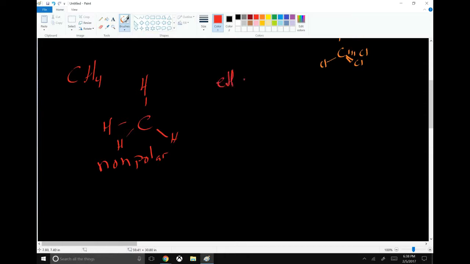What about ethane? So ethane was C2H6. Now we're looking at extended geometries. And recall, ethane looks like this. It's got two tetrahedra sort of joined at the head.